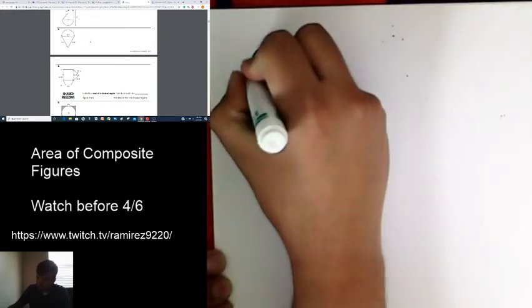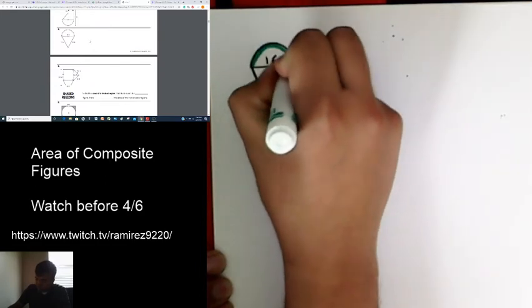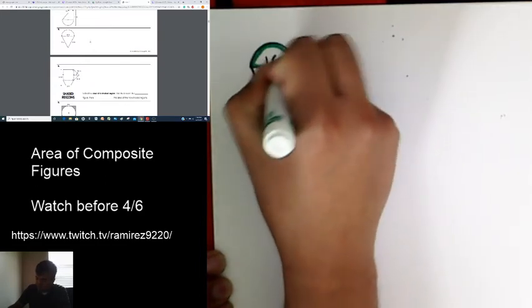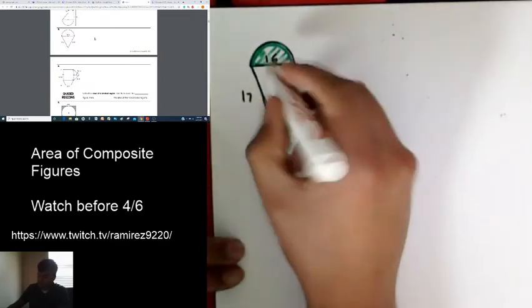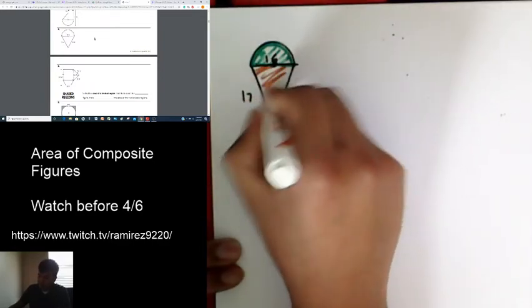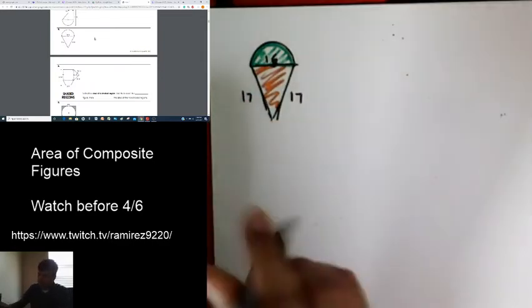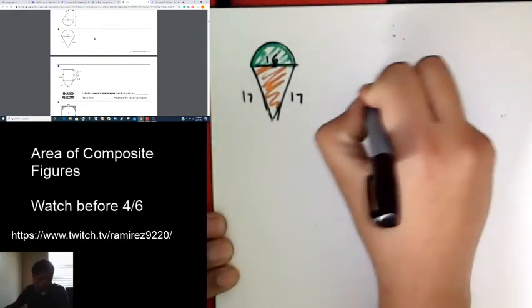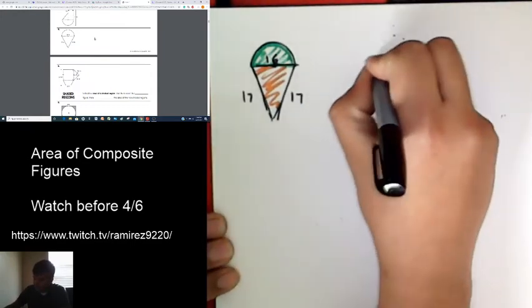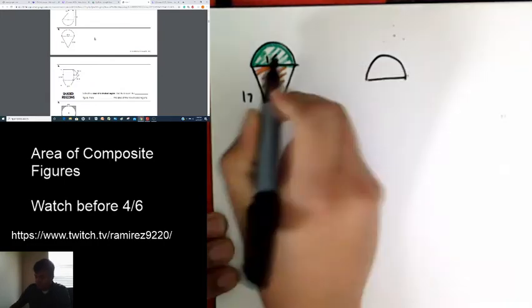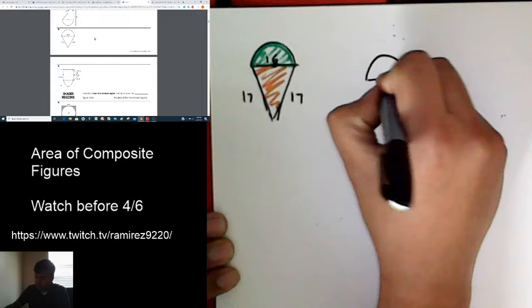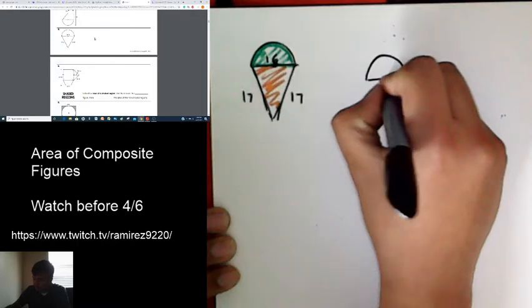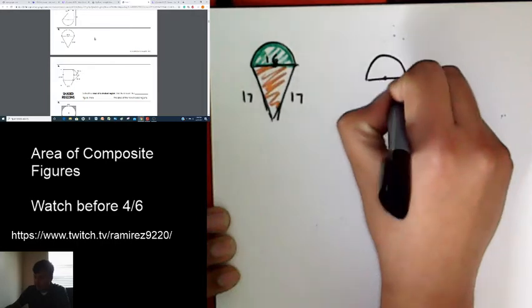But anyways, the two shapes here, right? This is my favorite ice cream cone type thing. I don't know if you guys know which one it is by the color. So these are our two shapes, the semicircle and the triangle. If I first find the area of the semicircle, the 16 represents this whole line, it's your diameter. So your radius is 8, right?